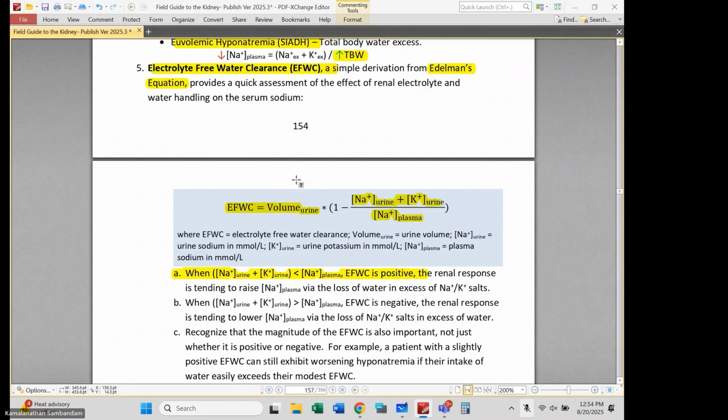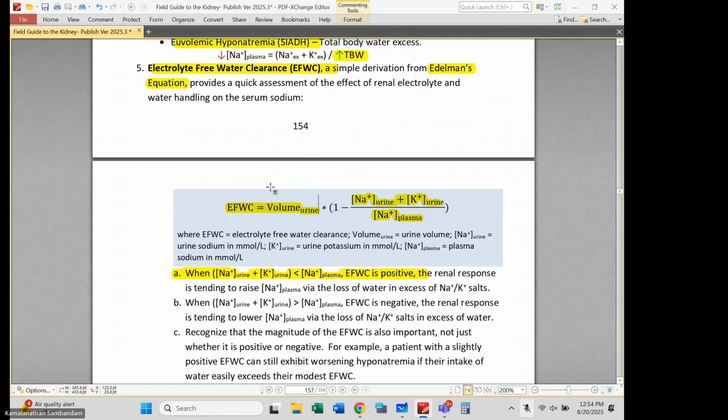And the most potent example of this is in the oliguric patient, where I often say, okay, when you have a hyponatremic oliguric patient, you don't have to come up with fancy explanations for that. It doesn't matter what their ADH is. It doesn't matter what their response to ADH is. If you're oliguric, this number is small.